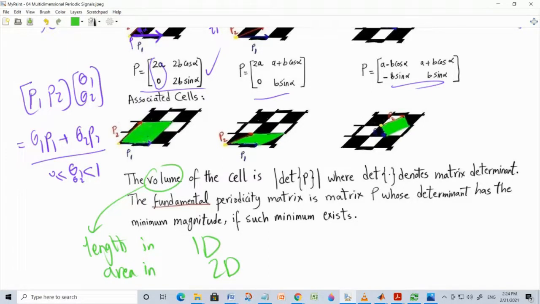Okay, so here you can say, well, it's an area, right? The area of the fundamental cell, but again, it's a volume if you just want to make a statement that is general, with the understanding that if our function is in 2 dimensions, then we are talking about area. The volume is given by something very nice related to matrix B. So if you want the area of this thing or this thing, you go to the P matrix, you take its determinant, and you take the absolute value.